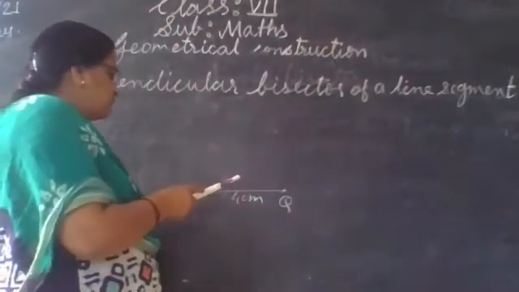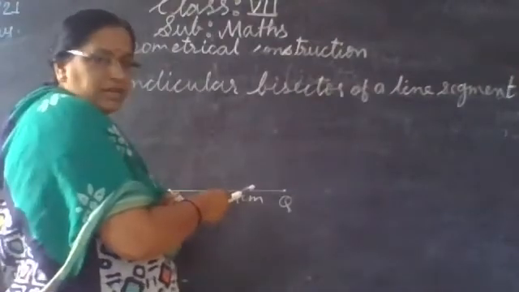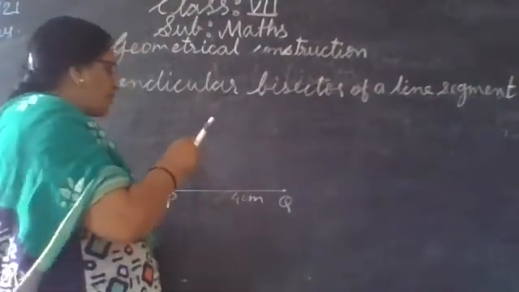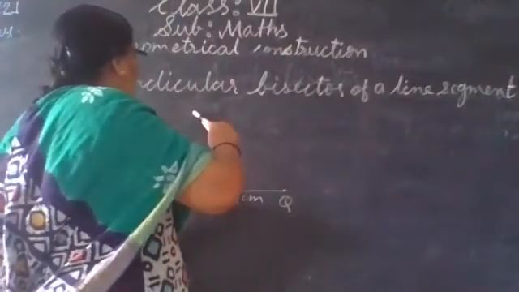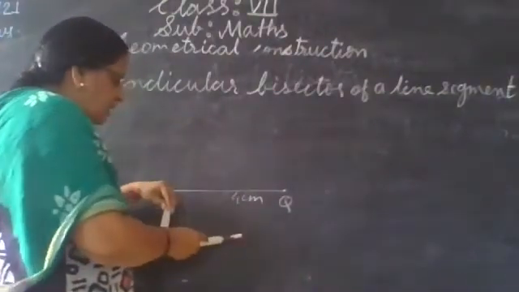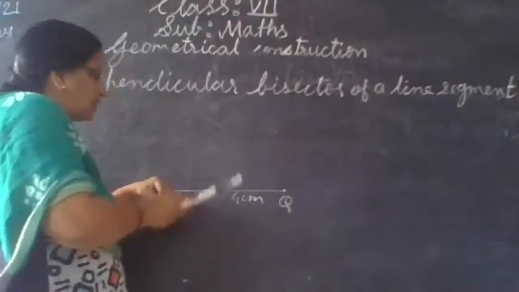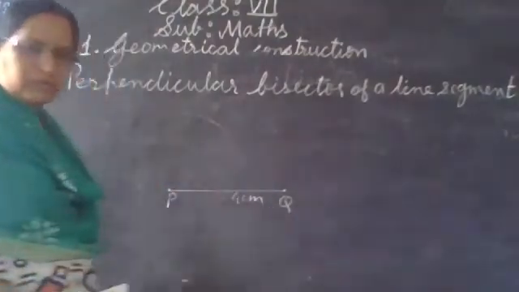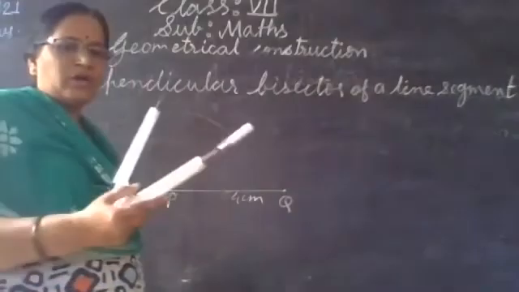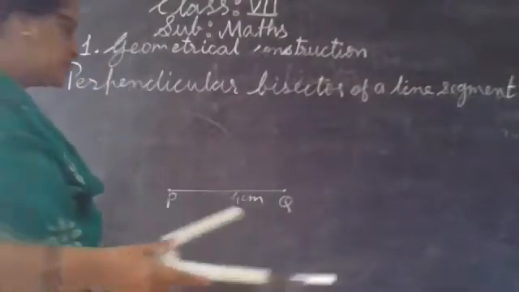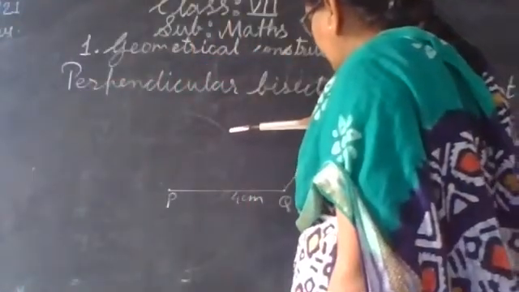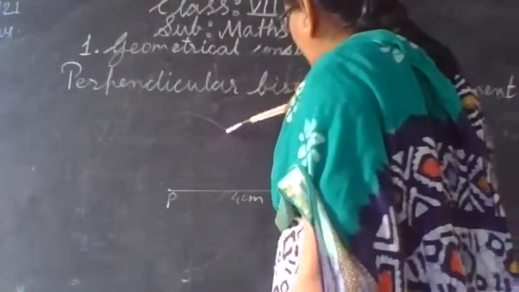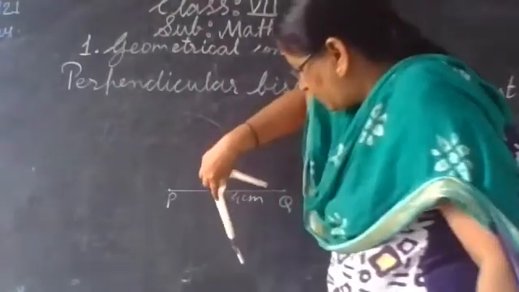More than half is 4 centimeter. Okay, like this. And draw an arc above and below the line, like this. Okay. And don't overdraw. And without disturbing this, then place the pointer on Q and draw another arc like this.